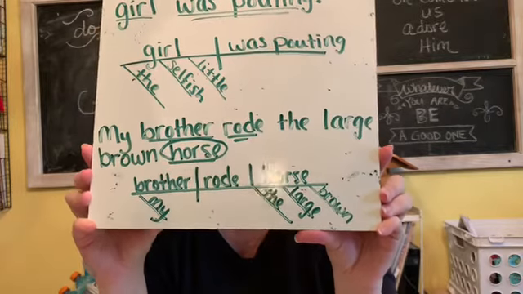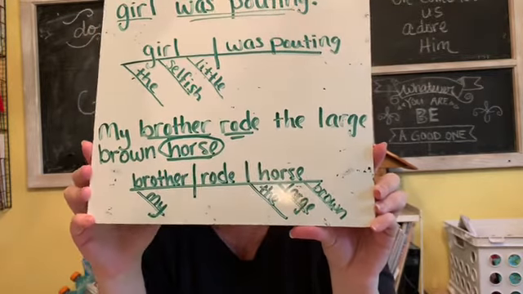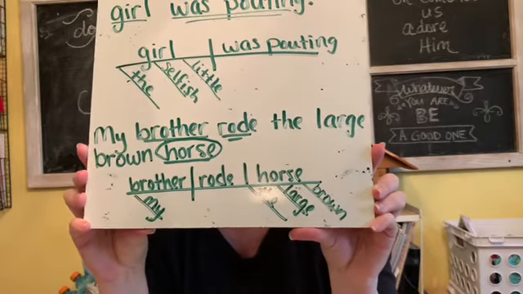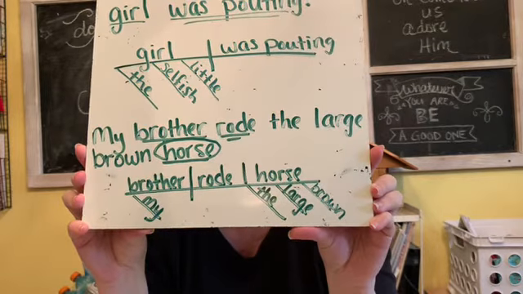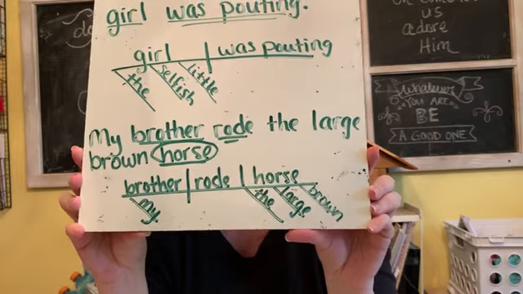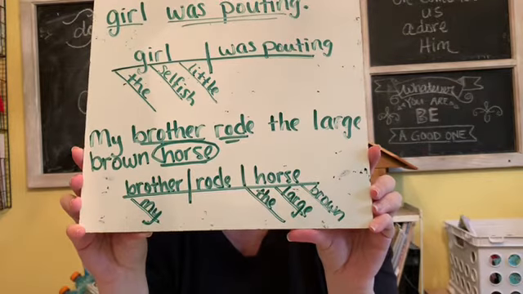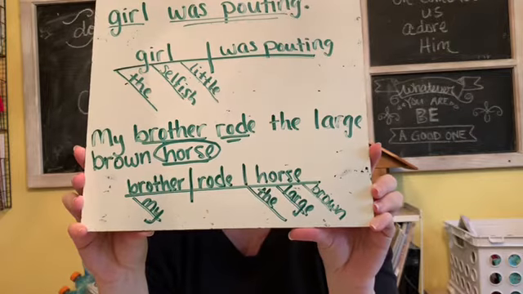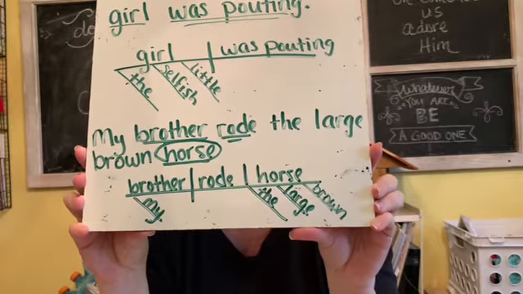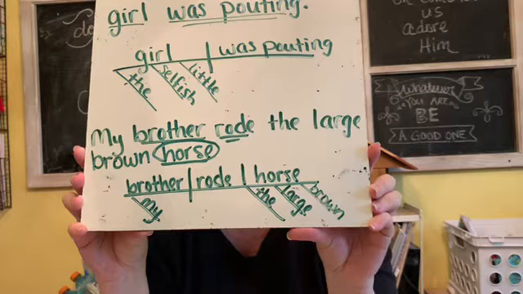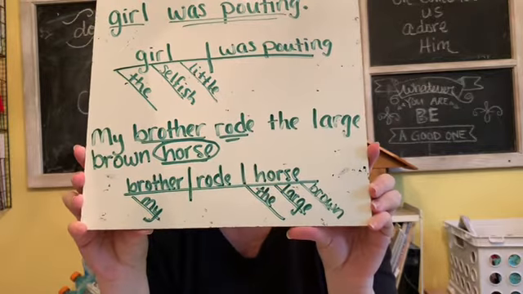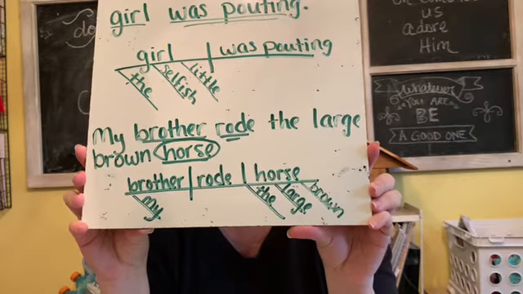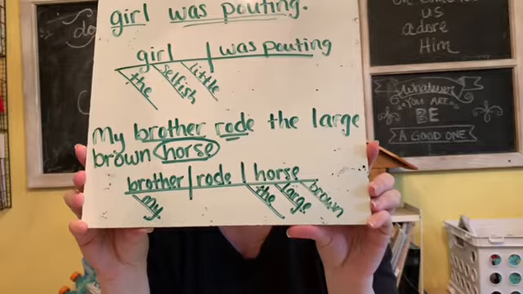Okay? Now I've got to go back and look for my adjectives. Because I have a direct object or a predicate nominative, those are also nouns and pronouns, so I can have adjectives that describe those words. Which brother or whose brother? Well, it was my. So I'm going to diagram my under brother because that's the noun that it describes. My brother rode the large brown horse.